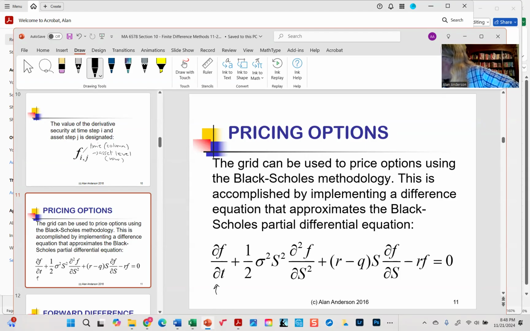We've got a first and second order partial derivative for the stock price. In terms of the Greeks, you can think of this as theta. Remember this from the last class, we introduced the Greeks. Theta is the sensitivity of the option price to time. This would be our delta, and this would be our gamma.